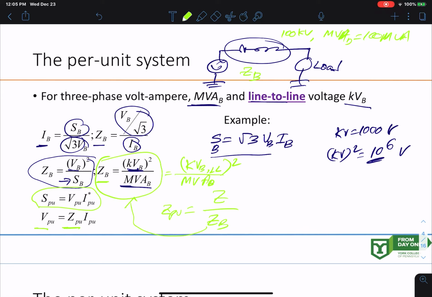Then your Zbase for this line would be 100 kilovolts squared over 100 MVA. That will give you 100 ohm. That's your base impedance for that line.